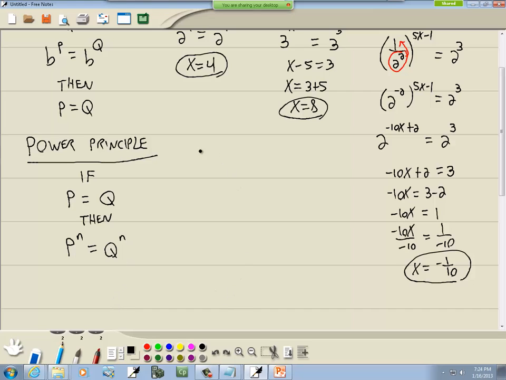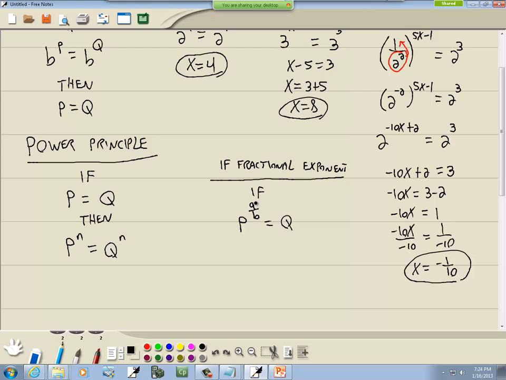Now specifically, if we have it in fraction form, so if you have fractional exponents, that's also called a rational exponent. So if you have p to the a over b power equal to q, we can take both sides to the reciprocal of this.